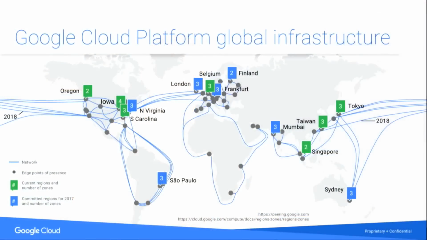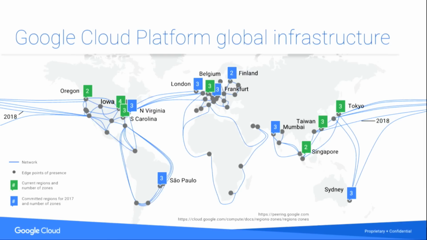You can see here in green we have 7 regions around the world currently, with varying numbers of zones within each, and a number of other regions in blue that are committed for launching this year. Each of these regions sits on top of our global network, of which the links are shown here, as well as on our website.